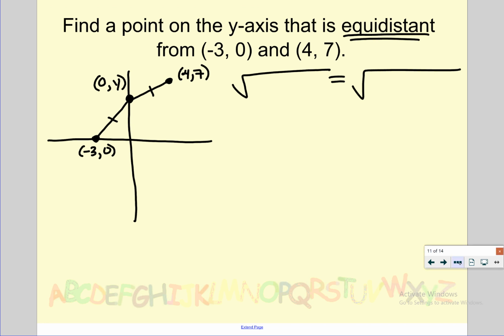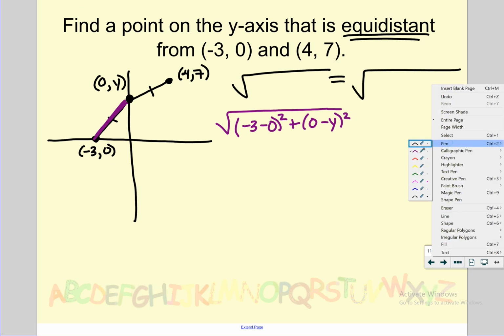So the one on the left, okay, so this guy here, color coded. Subtract my x's, -3 minus 0, and square it, plus subtract my y's, 0 minus y parentheses squared.